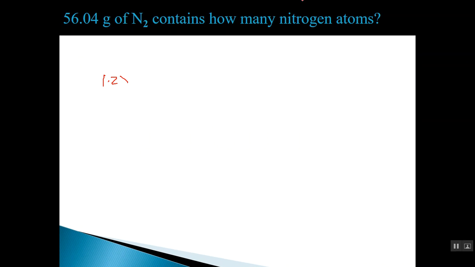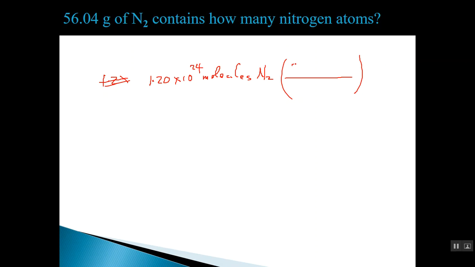So go back to here. Let me cross this out. 1.20 times 10 to the 24 molecules of nitrogen. And because we know that for every molecule of nitrogen there are 2 nitrogen atoms, we can represent that in the form of a conversion factor here.